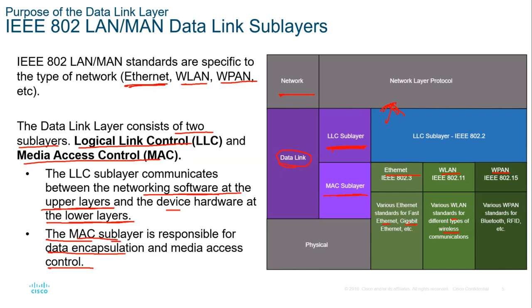Is it Bluetooth? Is it Zigbee? Is it Wi-Fi? All that. Then we have Bluetooth on this side for personal area network.